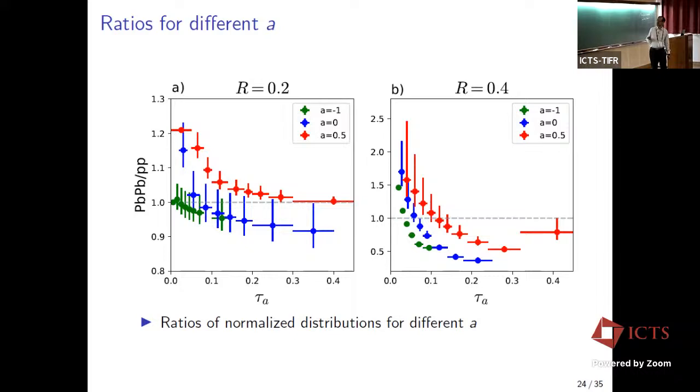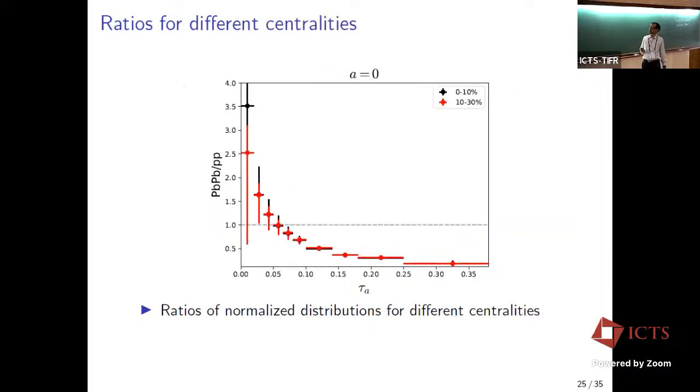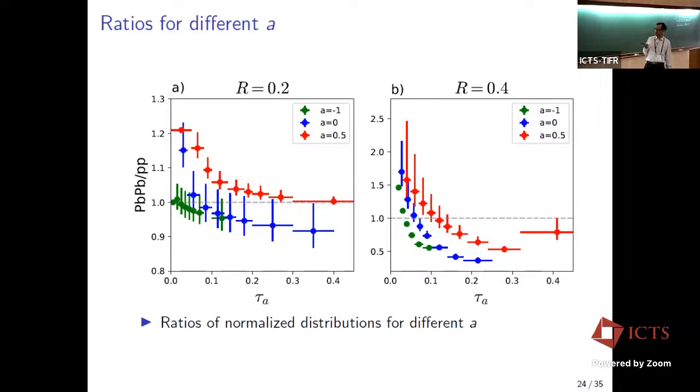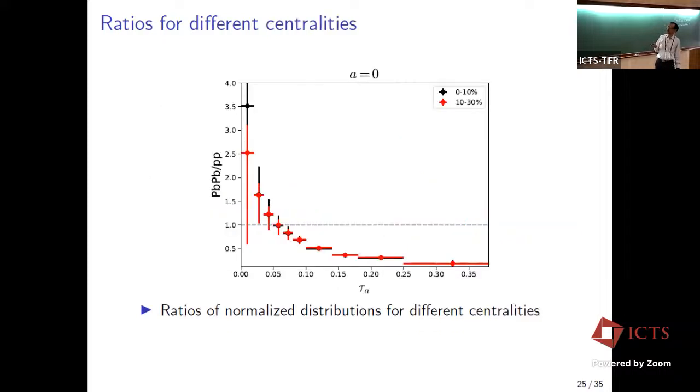Okay, so here you can really see that there is some difference between the heavy ion and the PP jets, and really the difference does depend significantly on R as well as E. Okay, and one thing that was a little bit interesting that we found was that for the two centralities closest to central collisions that we consider, 0 to 10 and 10 to 30%, the distributions actually looked quite similar, especially for a equals 0.